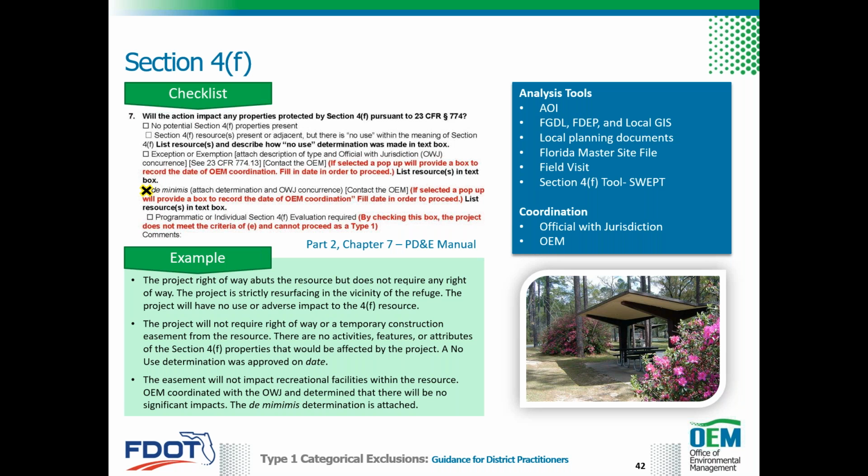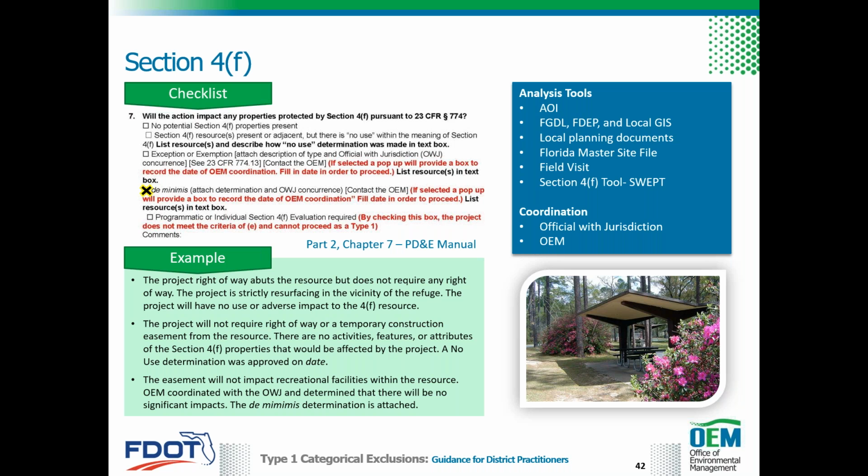Now, a de minimis determination may apply if your project impacts a Section 4F resource, but those impacts are temporary, or if they're offset by project benefits or enhancements. Coordination with that official with jurisdiction is going to be needed to make this determination.